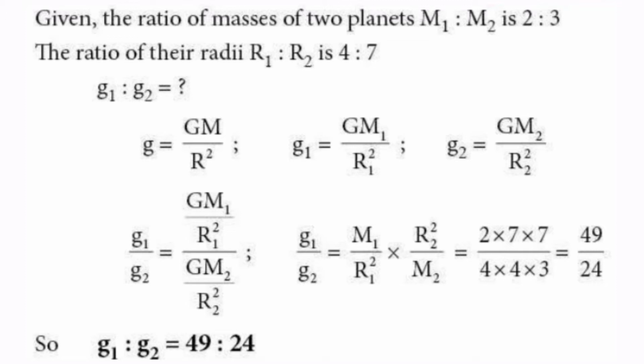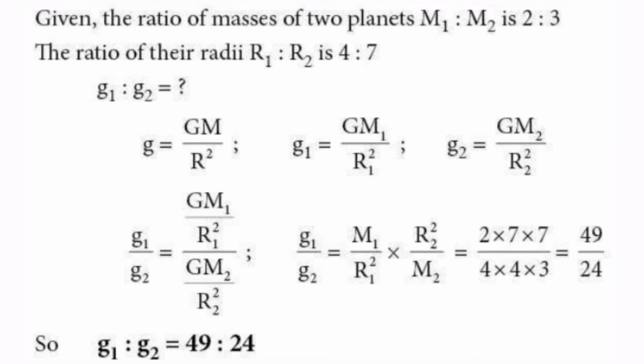g1 is equal to Gm1 by R1 square. g2 is equal to Gm2 by R2 square. g1 is to g2 is equal to Gm1 by R1 square divided by Gm2 by R2 square. If we simplify, we get m1 by m2 into R2 square by R1 square, that is m1 R2 square by m2 R1 square.